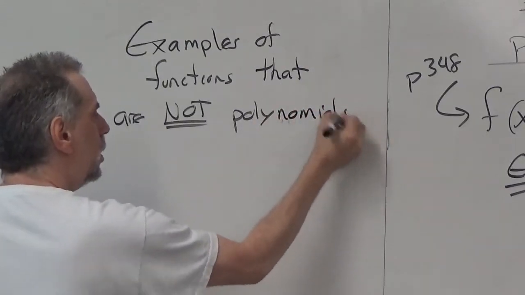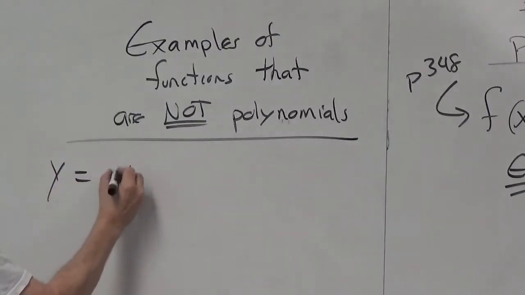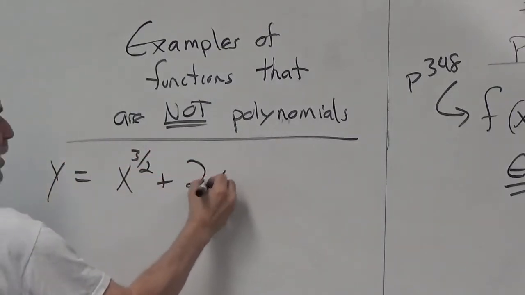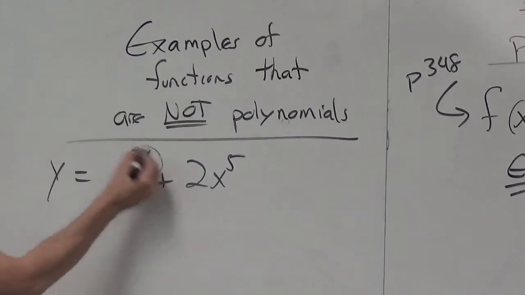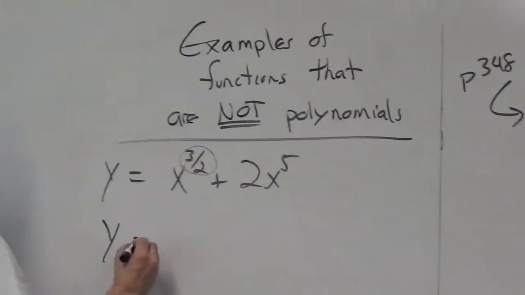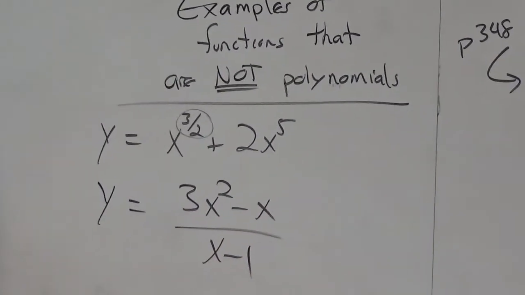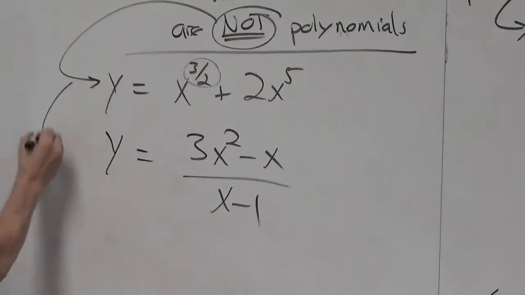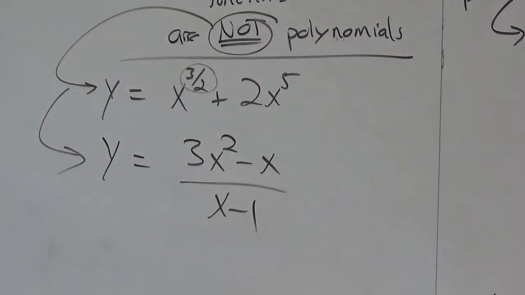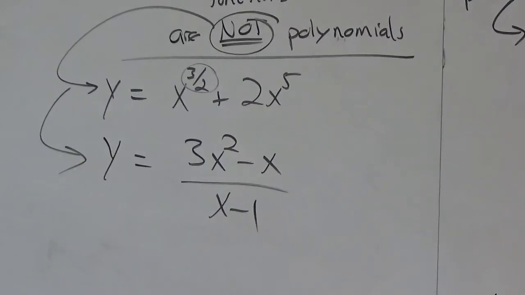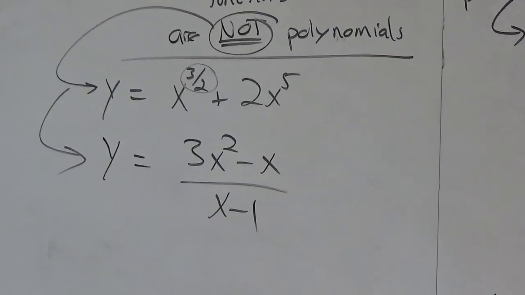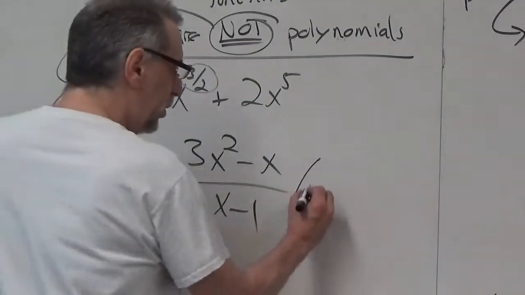So examples of functions that are not polynomials: anything that has fractional exponents. This is not a polynomial because of the fractional exponent. Anything with variables in a denominator, these are rationals, and they are not polynomials.